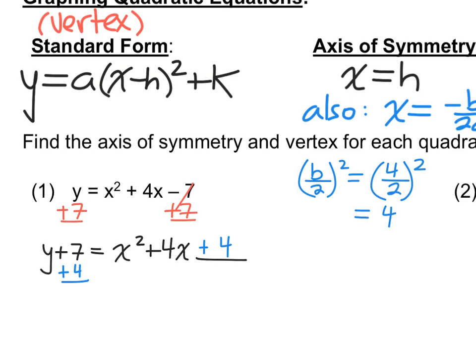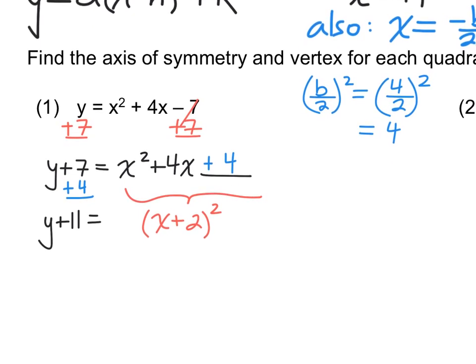All right, so the left-hand side becomes y plus 11. The right-hand side is going to factor. What is it going to factor to? x plus 2 squared. So far it's very similar, except for the fact that y is there, to the completing the square approach to solve for roots.